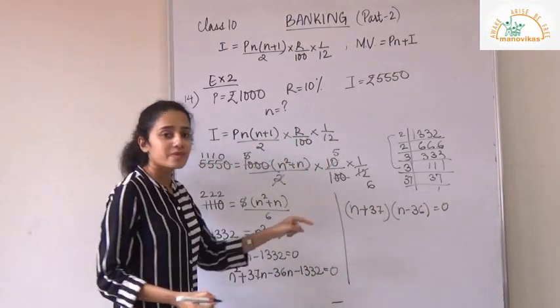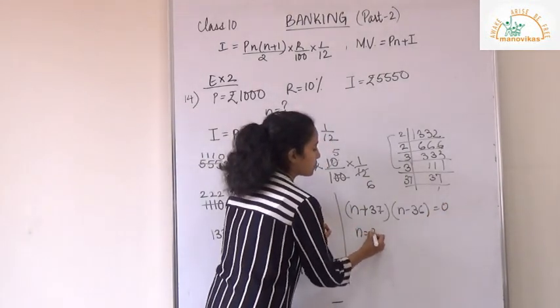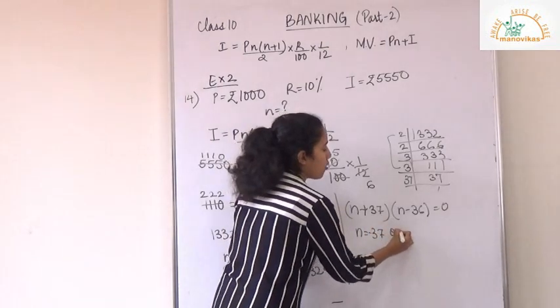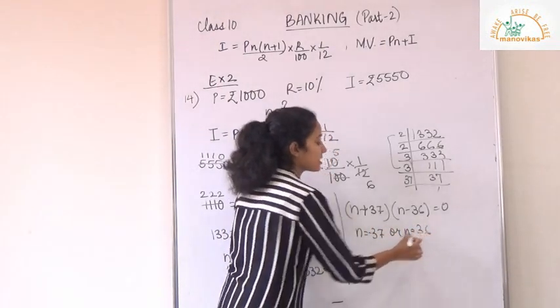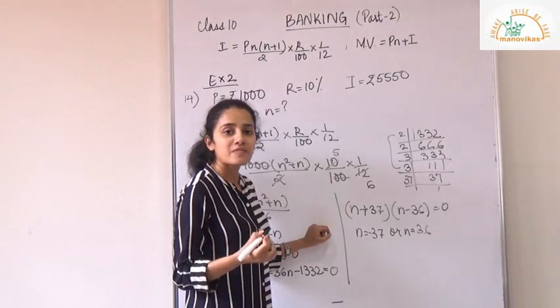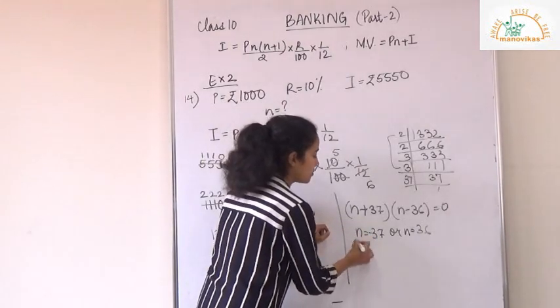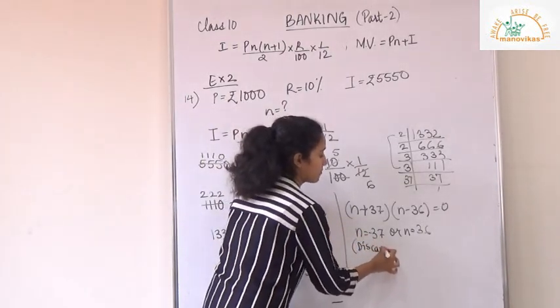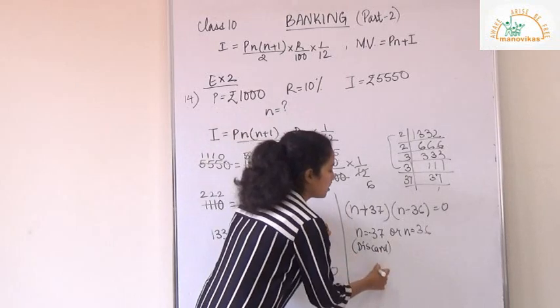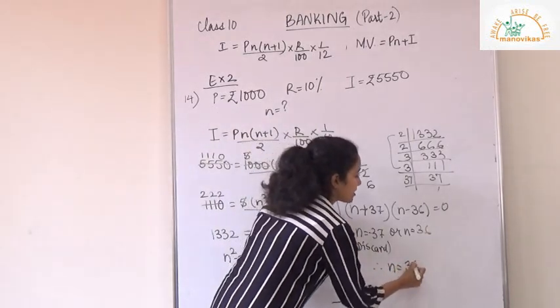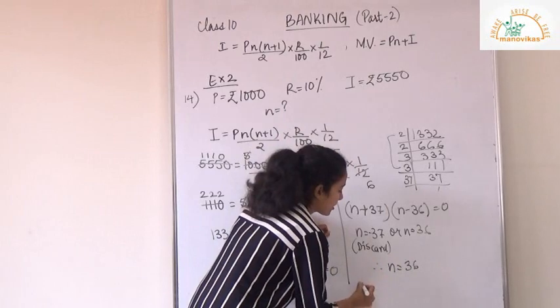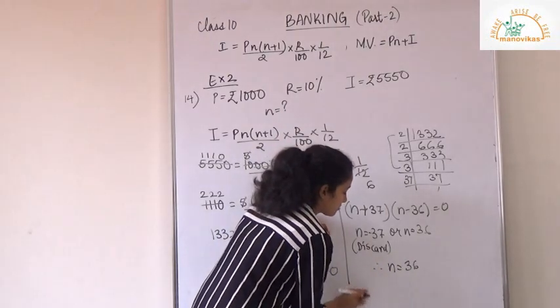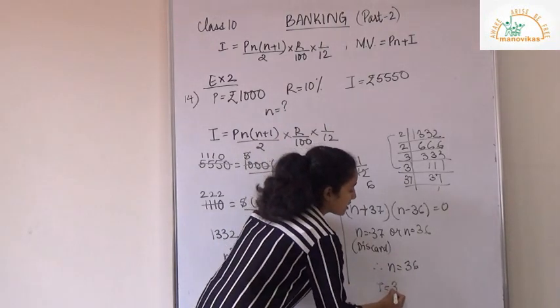So now using the zero product rule, n is equal to negative 37 or n is equal to 36. So which one we will be discarding is the negative value. And therefore n is equal to 36, or you can write that the number of months or the time period is 3 years.